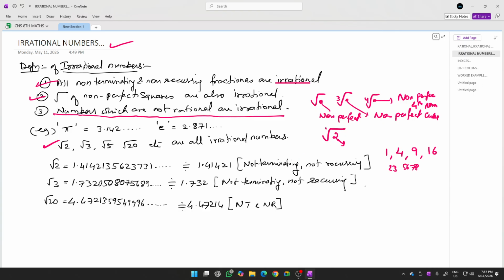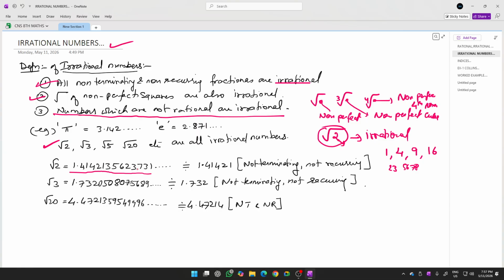So such a number, by definition, will be irrational. Why? Because if you try to find the value of this root 2, you will get this type of number: 1.4142135623731, and it will go on. See that I put dot dot dot there.